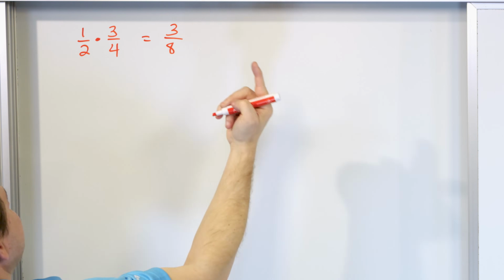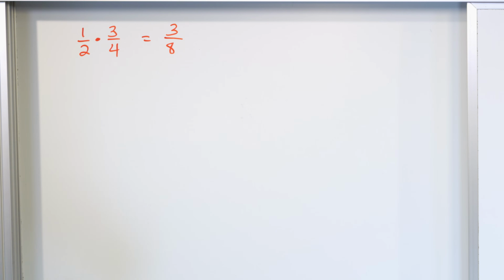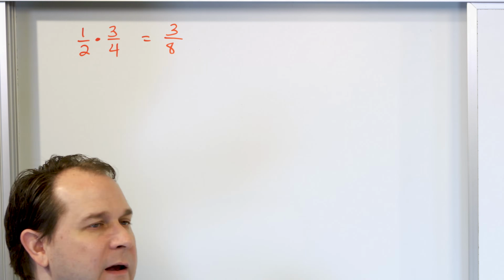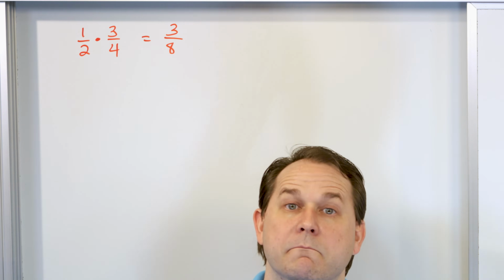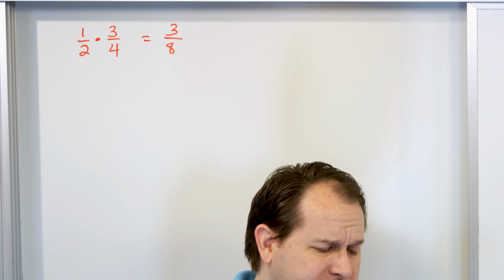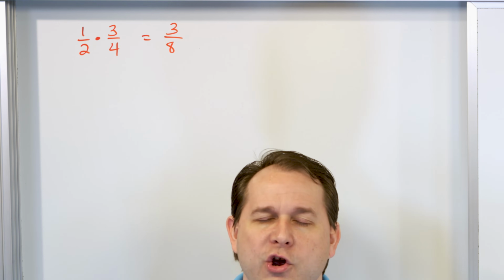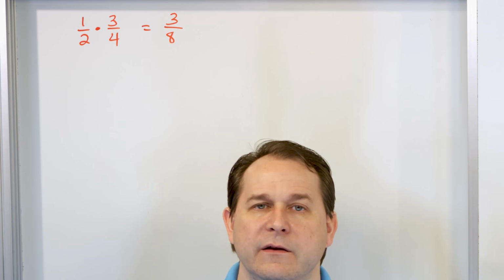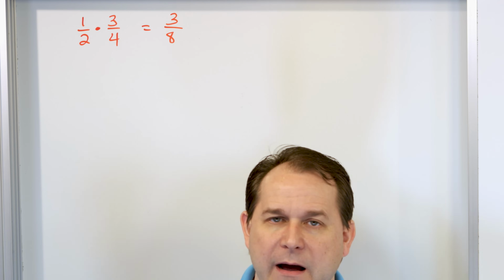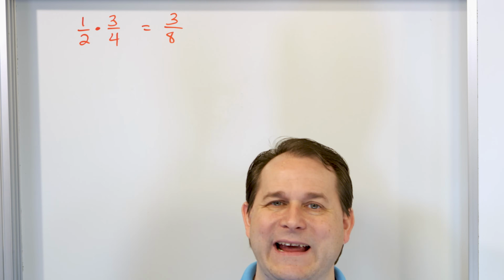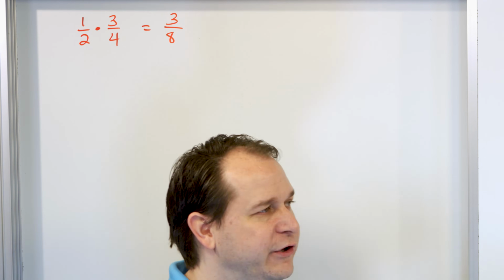And then you try to simplify the final answer. In this case, it's already simplified. So that's how you multiply fractions. Multiply the numerators, multiply the denominators. So in a minute, when I give you rational functions or rational expressions, which are just giant fractions, to multiply them, you just multiply the tops, multiply the bottoms. It's the same rules of regular fractions you already knew.